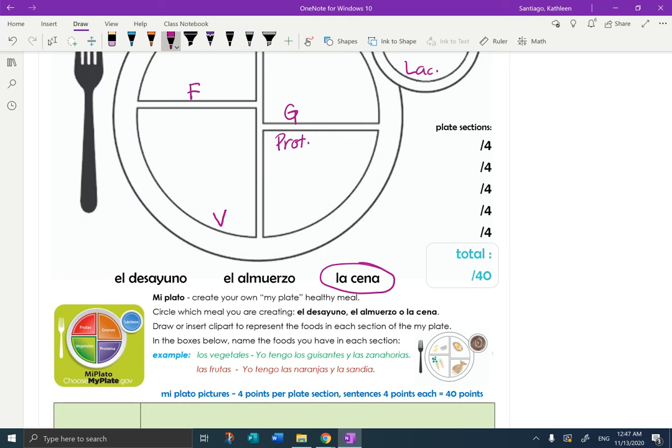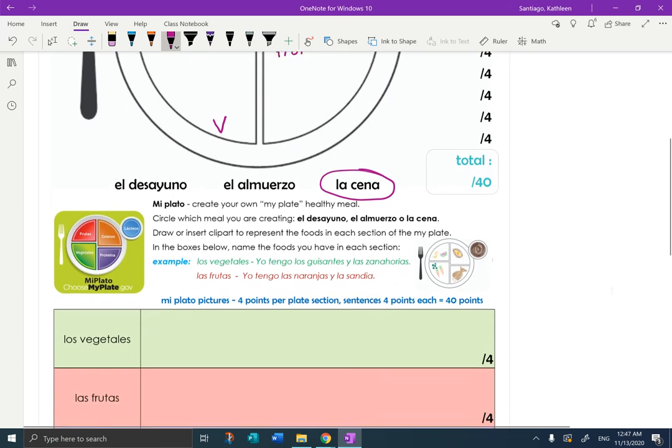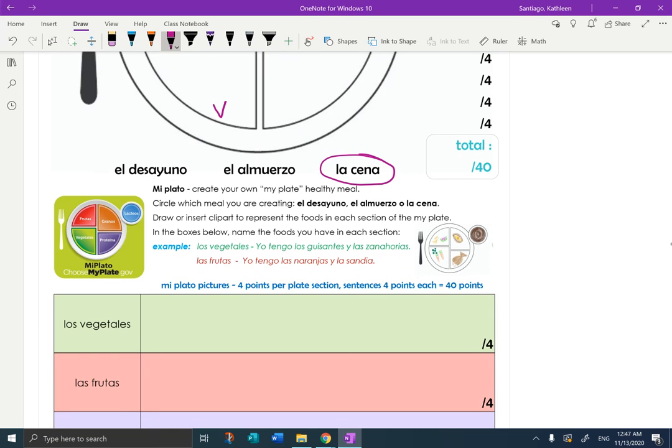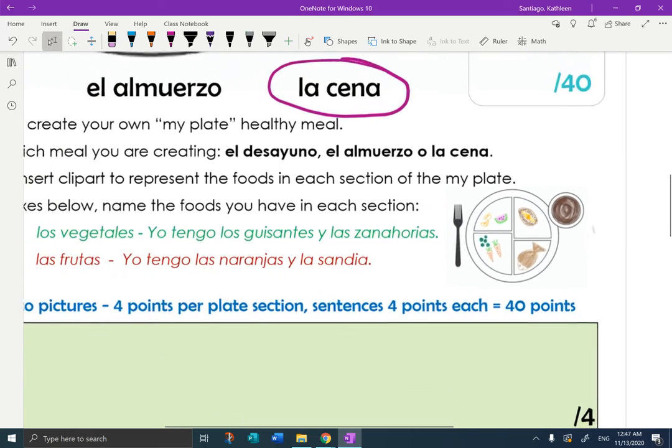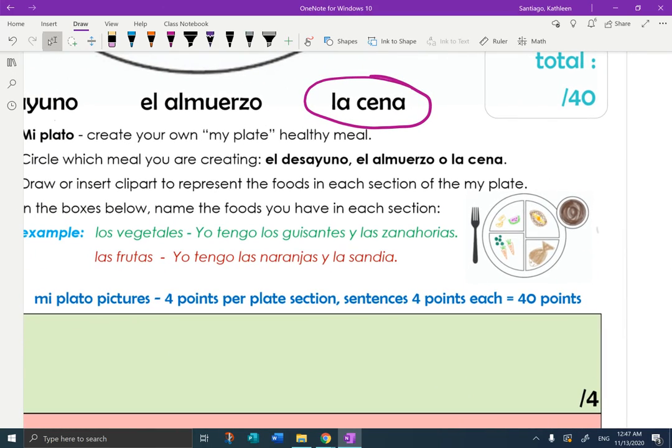So once you've created the visual for My Plate for the meal that you chose, either breakfast, lunch, or dinner, now the second step would be in the boxes below, name the foods that you have in each section. So I made a little small one. If I was in the section about los vegetales, I would simply write, yo tengo los guisantes, and you can see them right here.